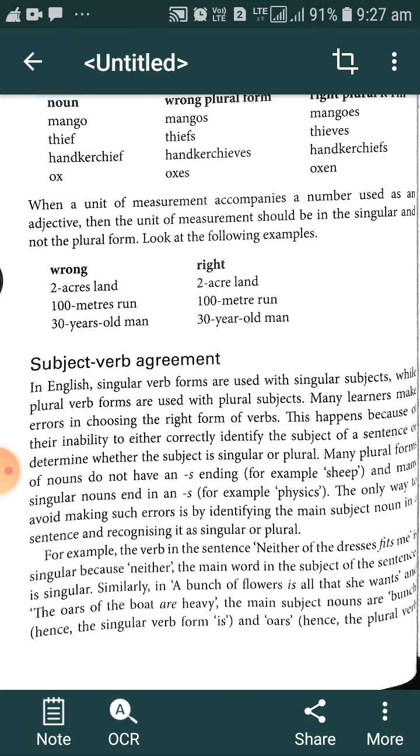This is a common mistake committed by most English learners, and that's why we should firstly recognize the proper subject of the sentence, and then recognize whether that subject is in singular form or plural form. After that, we can use the proper form of verb for that subject.